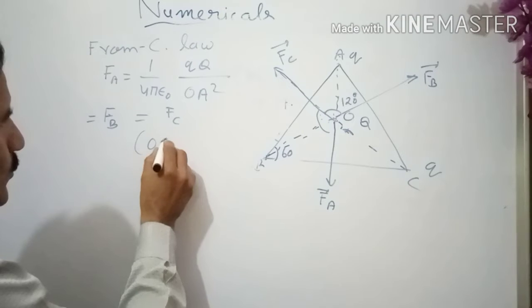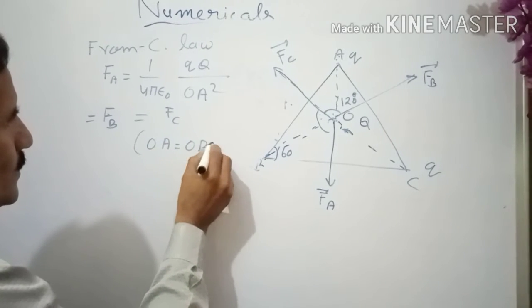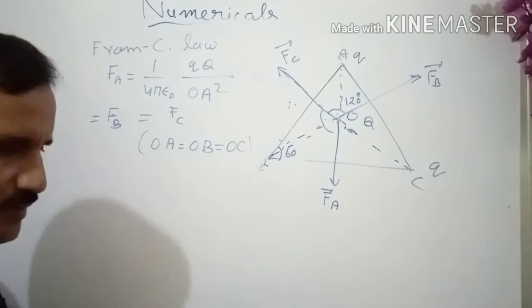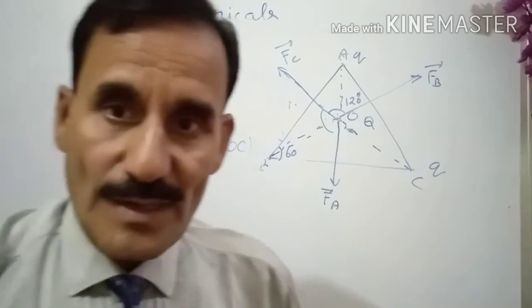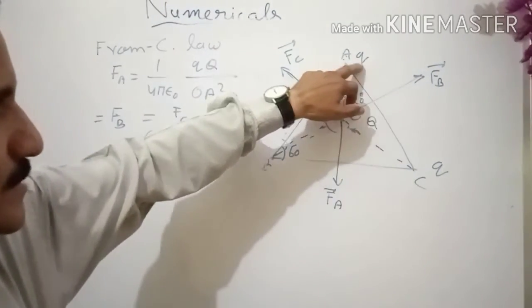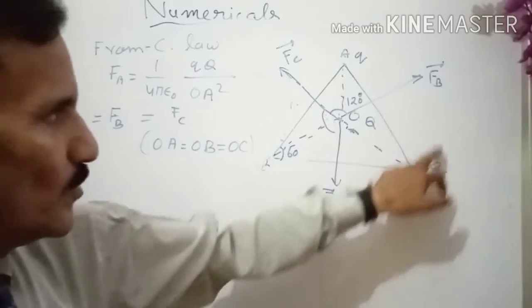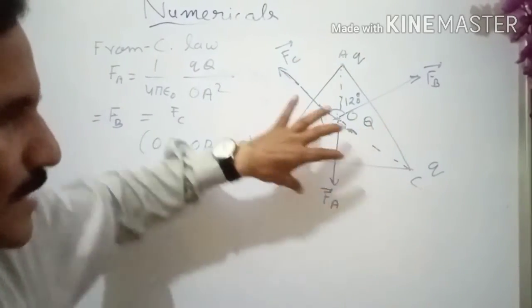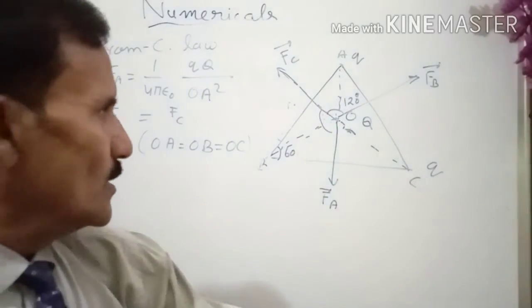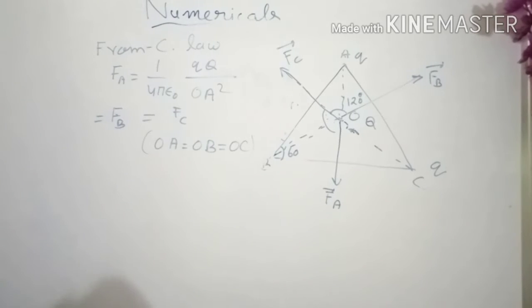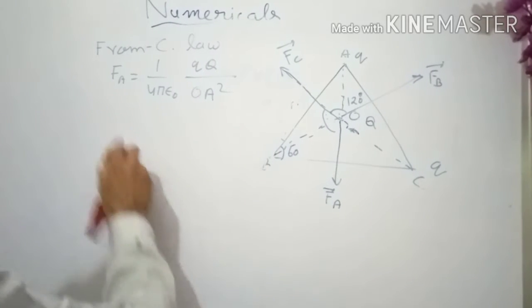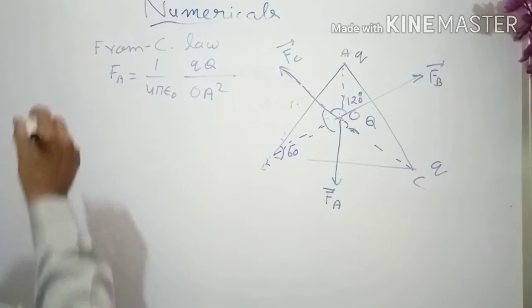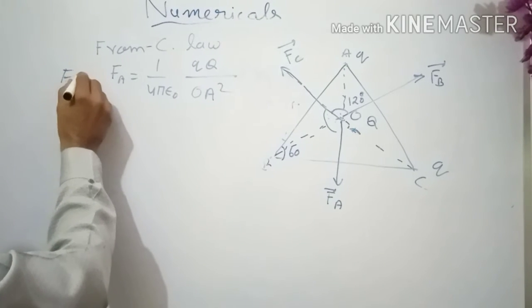Why? Because OA equal to OB equal to OC. Because O is given as the circumcenter, means circle is passing through these points. So this will become radii of a circle. So they are equal. So you are getting the magnitude of all the forces FA, FB, FC.